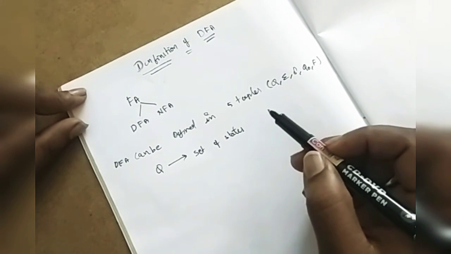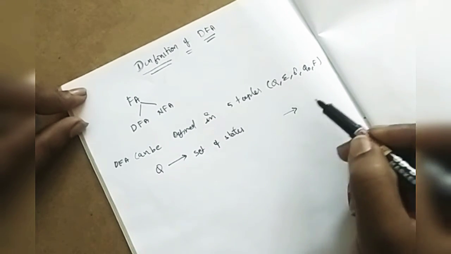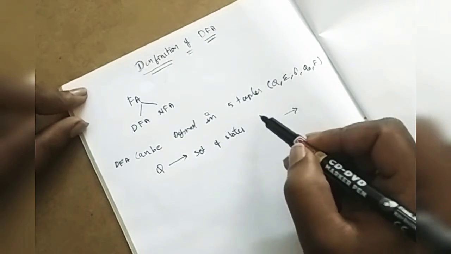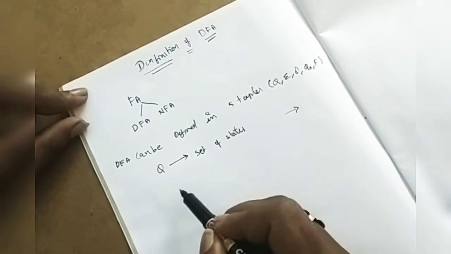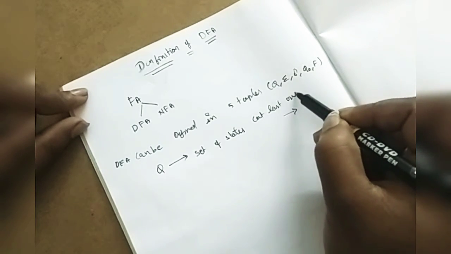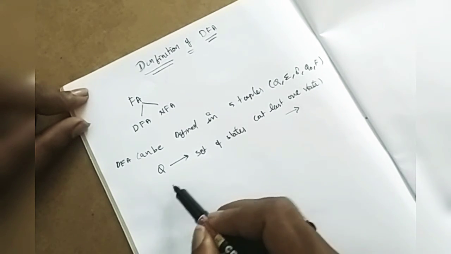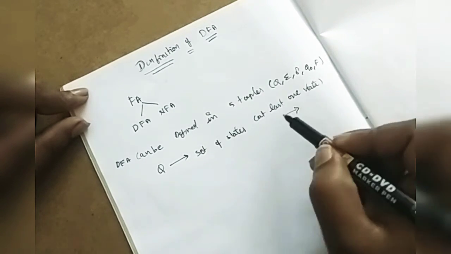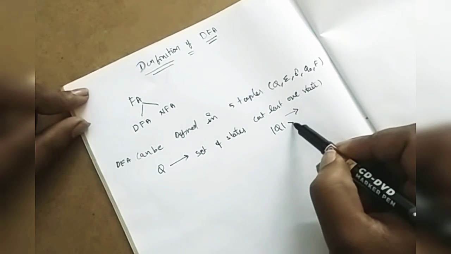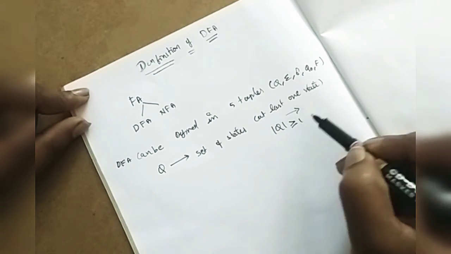There won't be a DFA which has no states. If you draw just the initial arrow like this, it won't be a DFA. You should have at least one state. One or more states can be there in Q. That means you can also write mod Q should be greater than or equal to 1.